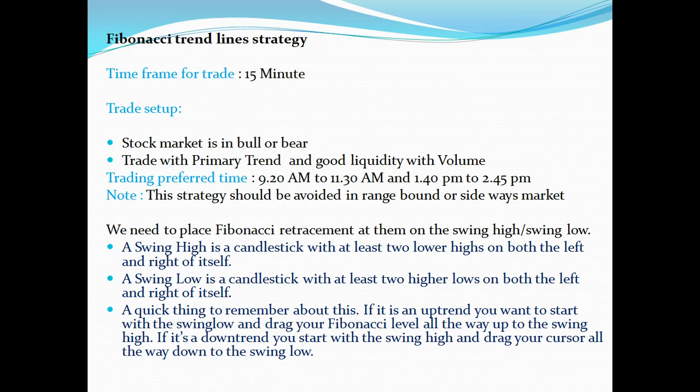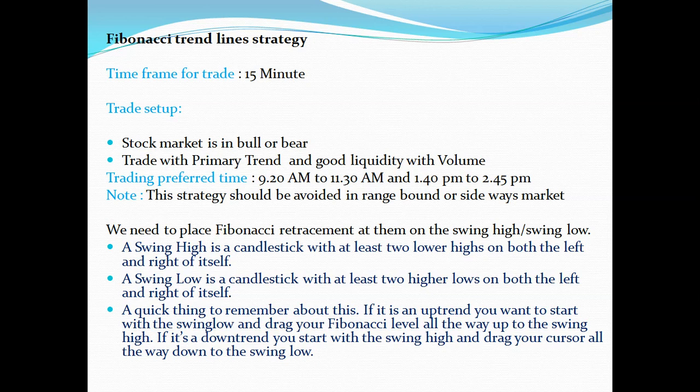To use Fibonacci retracement, we need to know swing high and swing low. Let me explain. A swing high is a candlestick with at least two lower highs on both the left and right side of itself, and a swing low is a candlestick with at least two higher lows on both the left and right of itself.